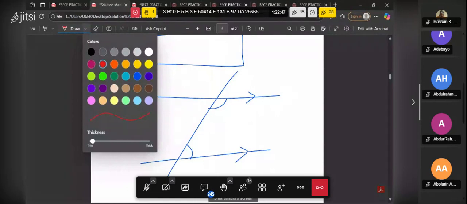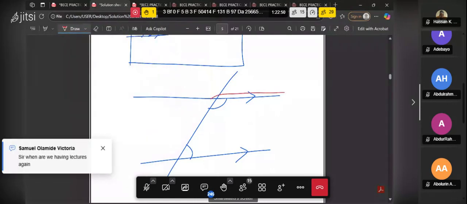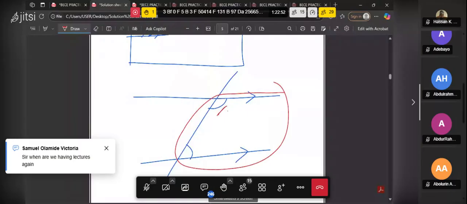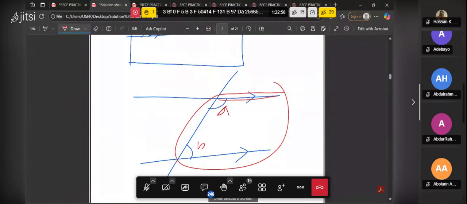You can see this place now. This place and this place, they are inside this shape like this. So addition of this and this equals 180 degrees. That is A plus B.